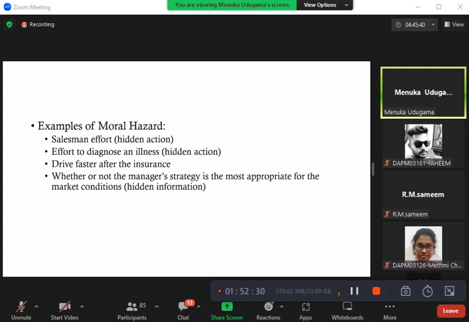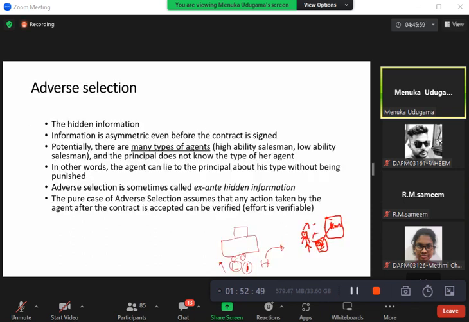And once you have the insurance, you might drive fast, you might drive recklessly, or you might park it in an unsafe area. If that happens, that's going to be a cost to the firm. If everybody does the same, that's going to be a cost for the firm. So that's moral hazard, where hidden action plays out after you enter into the contract.